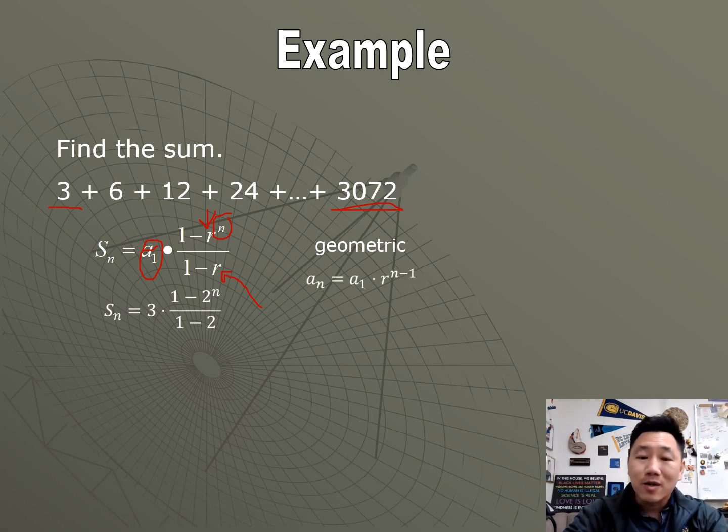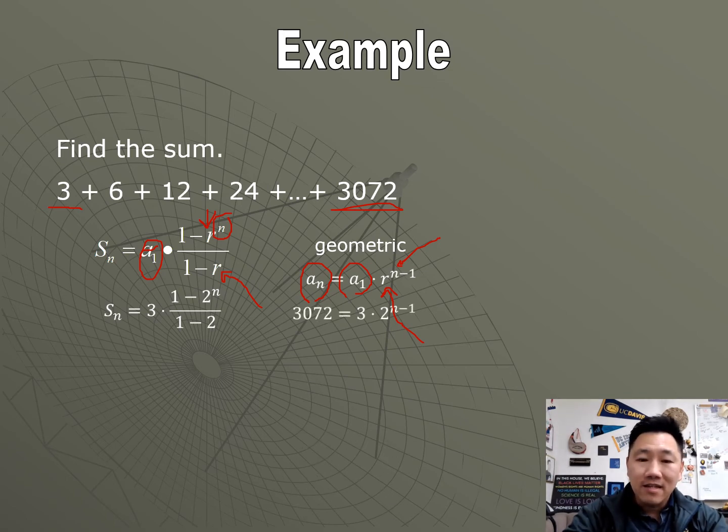So we're going to use our geometric sequence formula to figure out how many terms are there. We know the last term, 3,072. We know the first term, and we know the common ratio.